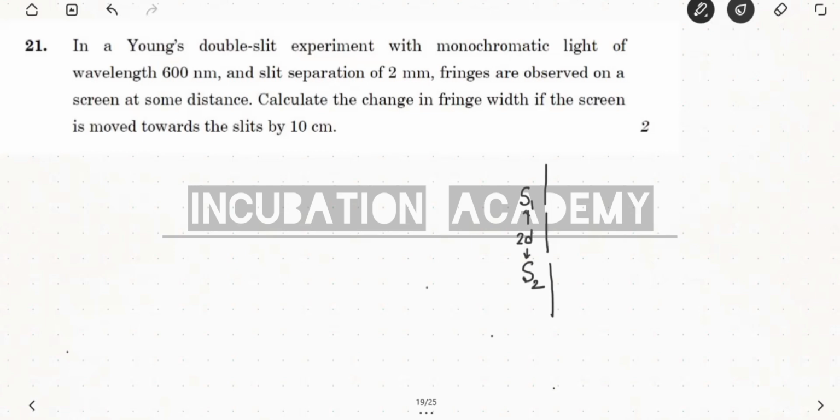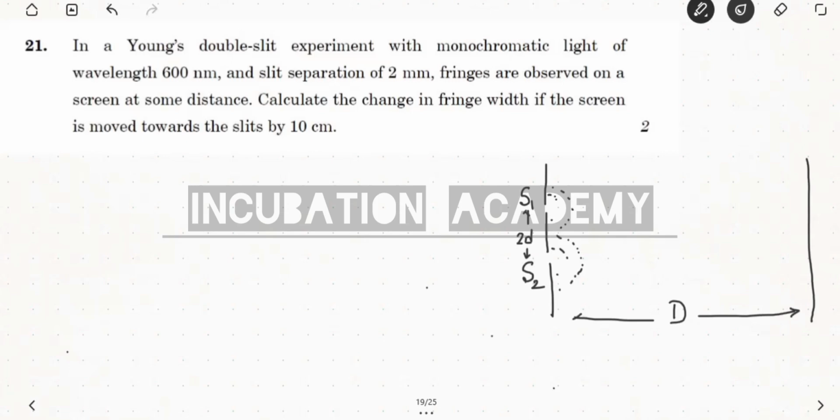The waves coming out from them, which are mutually coherent, are superposed on each other and form the interference pattern on the screen, and the distance between the slit and the screen is capital D.